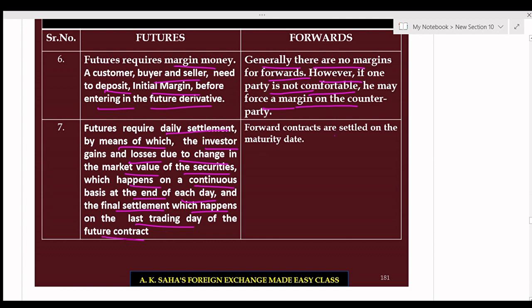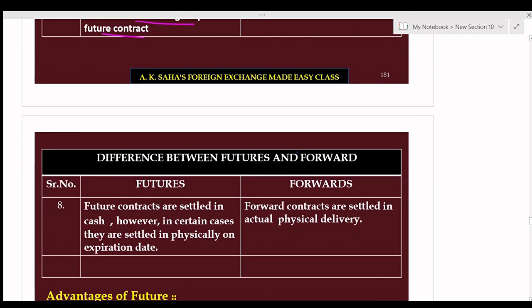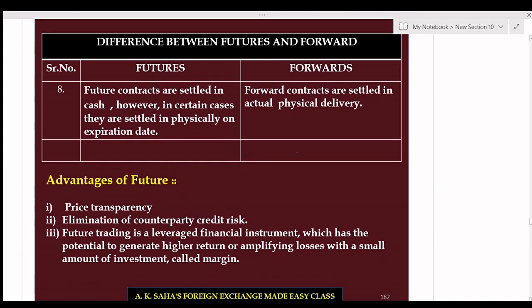Forward contracts are settled on the maturity date. Futures contracts are settled in cash, however in certain cases they are settled physically on the expiration date. Forward contracts are settled by actual physical delivery.